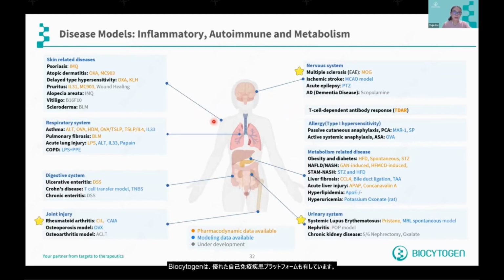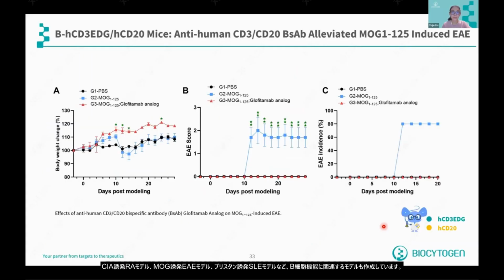Biocytogen also has a very good autoimmune disease platform. We have also generated models related to B cell function, like the CIA-induced RA model, the MOG-induced EAE model, and the Pristane-induced SLE model.